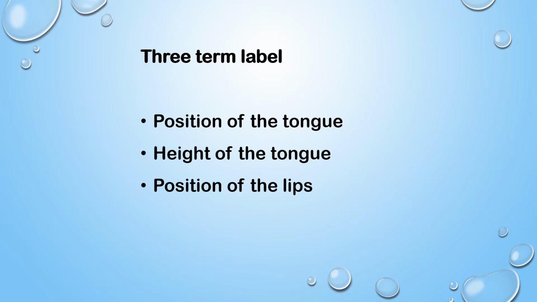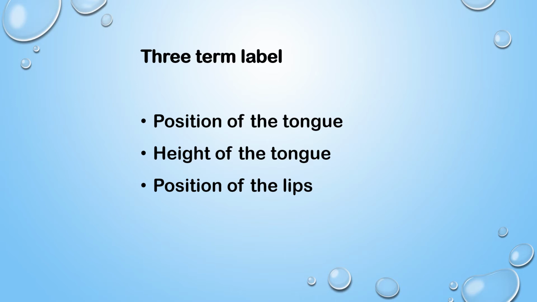When we pronounce something, we have already learned that the passive articulator and the active articulator come into contact so that sound is produced. Here also three important points should be taken into consideration: the position of the tongue during articulation, the height of the tongue during articulation, and the position of the lips during articulation.